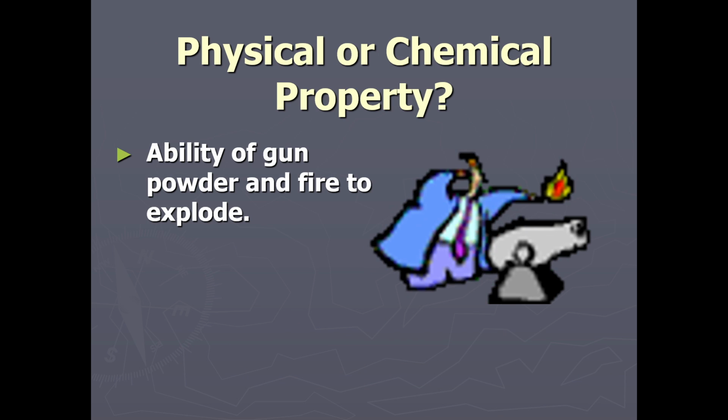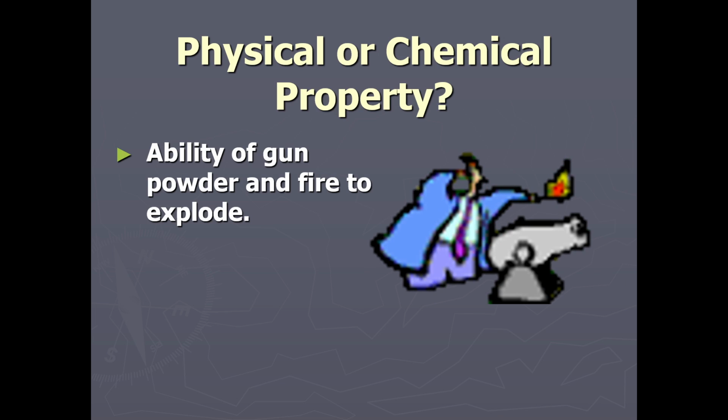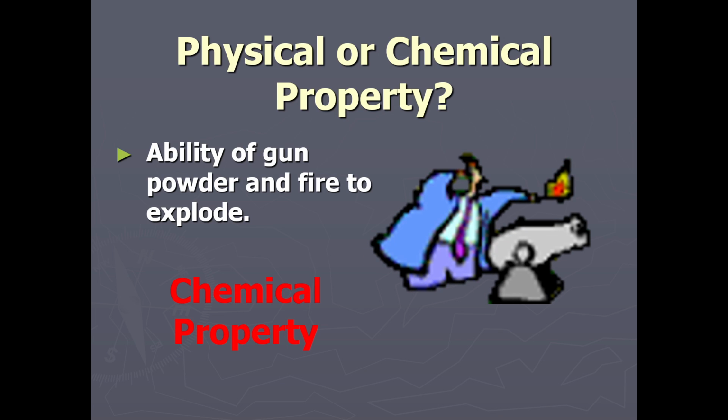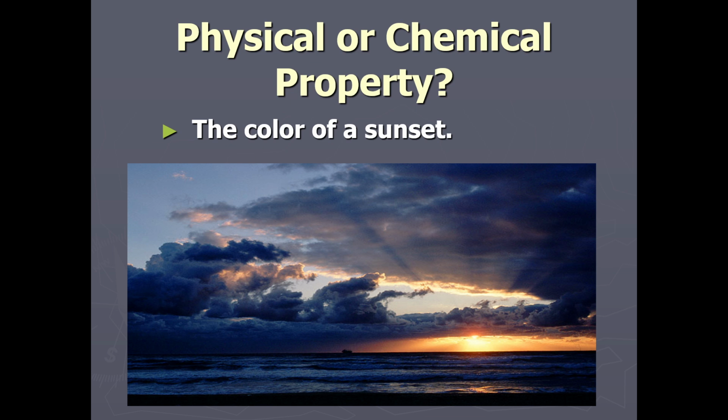So, question. The ability of gunpowder and fire to explode, is that a physical or chemical property? Chemical. You won't know until you try lighting the powder and fire to see it explode. The color of a sunset. Physical.